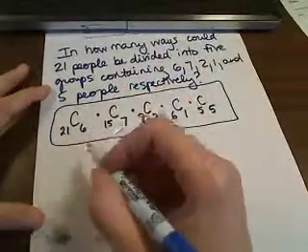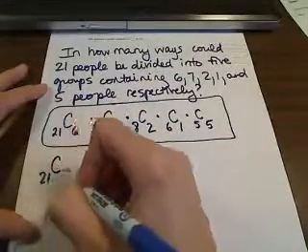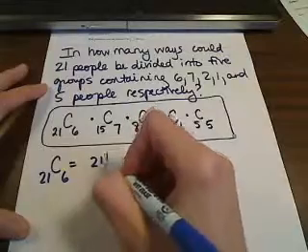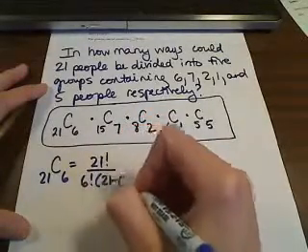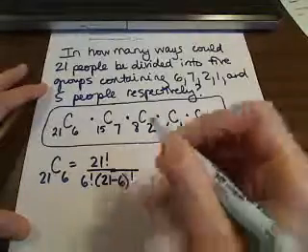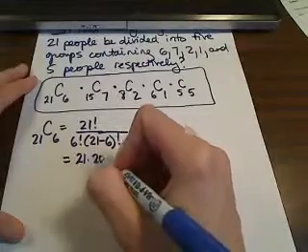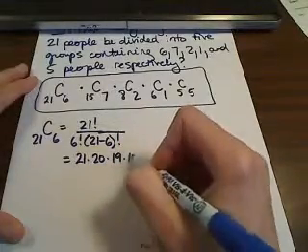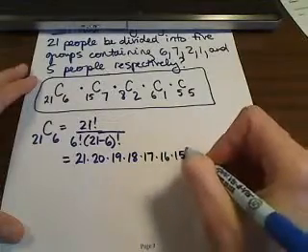I'm just going to do one of these because I think you guys understand how to do these. But combination of 21 taken 6 at a time, that's 21 factorial over 6 factorial times 21 minus 6 factorial. Okay, so you have 21, 20, 19, 18, 17, 16, and then times 15 factorial.